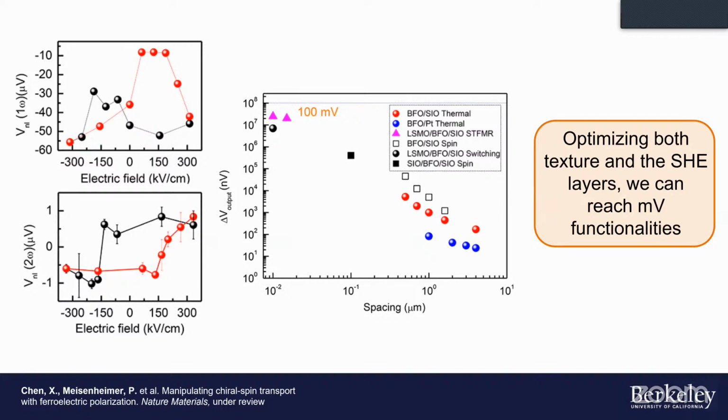And it turns out that if we optimize our detector wire to be a material with a very high spin Hall angle, something higher than platinum, something like strontium iridate, which has a debatably high spin Hall angle of greater than 1, doing these switching experiments, we can actually reach non-local voltages of tens to hundreds of microvolts to millivolts. And that level of voltage is almost enough to do something exciting with.